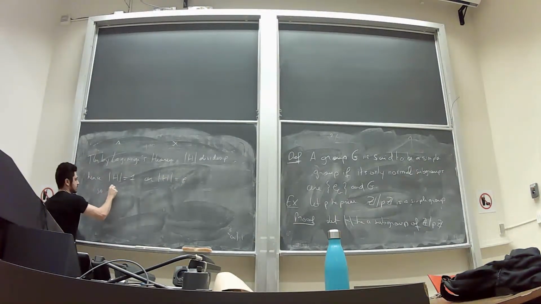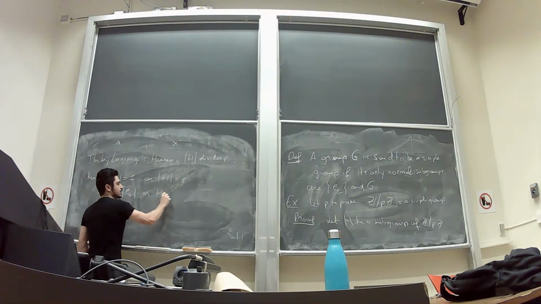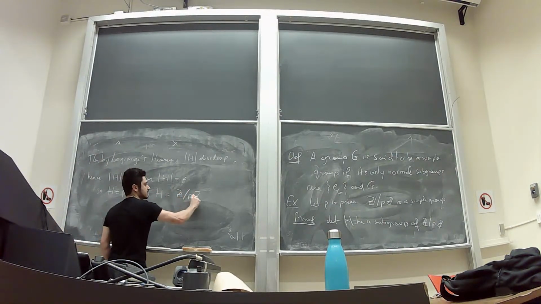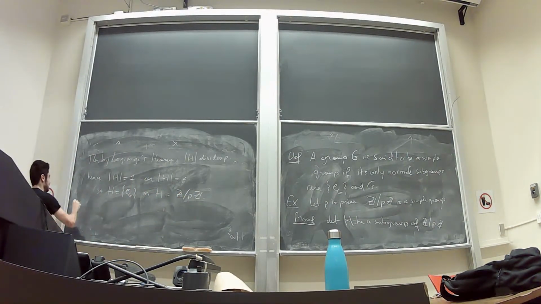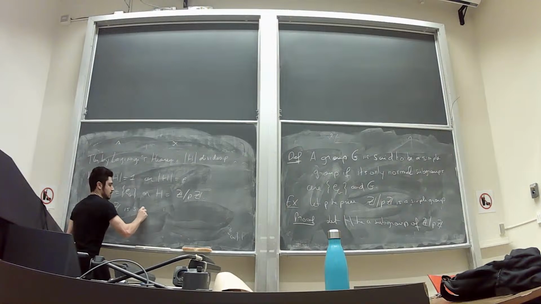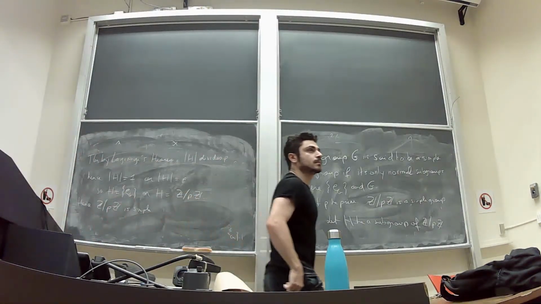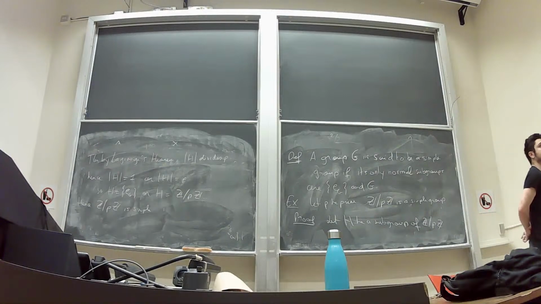So H is equal to the identity, or H is the whole group, and so it is simple. Okay? Is that clear?